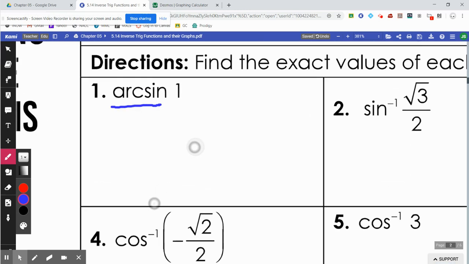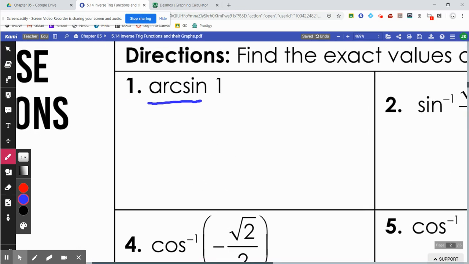It says, what is the arc sine of 1? First off, you need to know, where are my restrictions? When I find the arc sine, those range restrictions, what kind of answers will I get? That would be answers between negative pi over 2 and positive pi over 2. If you think about your unit circle, that would be answers in quadrant 4 or quadrant 1.